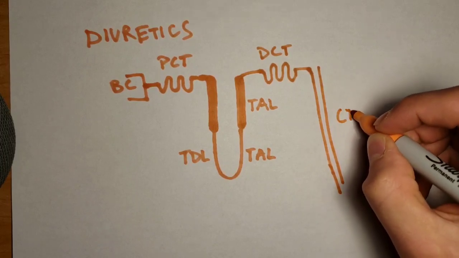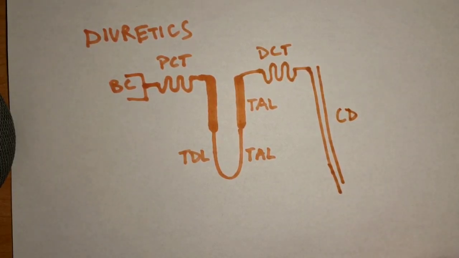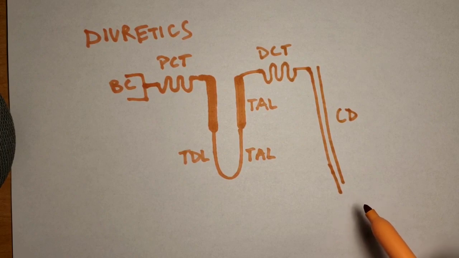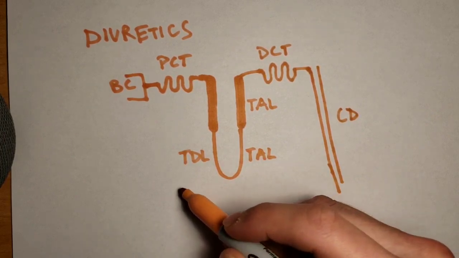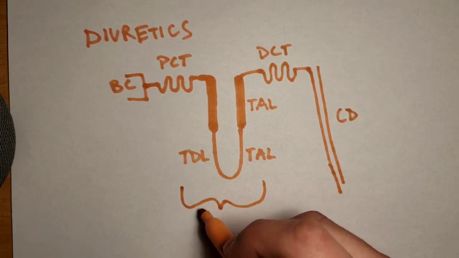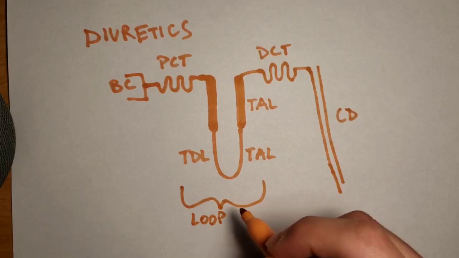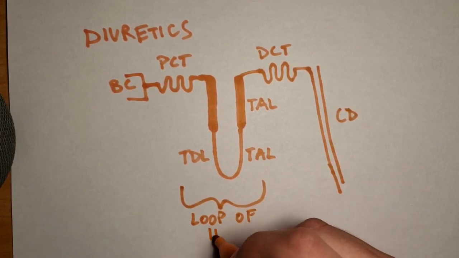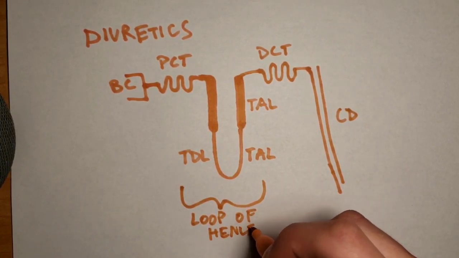We'll just call it that. That is the last significant structure that we're going to discuss for today's discussion. I'm just going to label again here. This U-shaped structure is the loop of Henle.